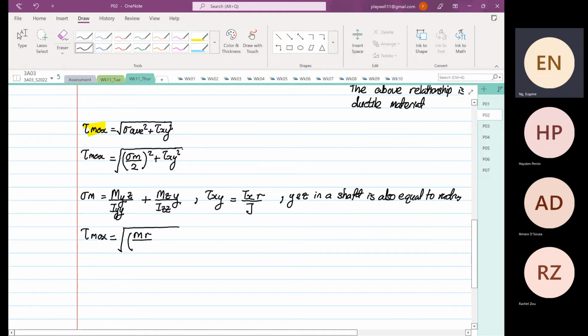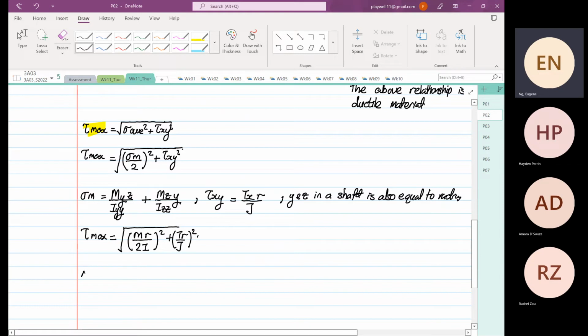So that's why I put MR over 2I, because it's half, right? Squared plus TR over J, and this thing is also squared.